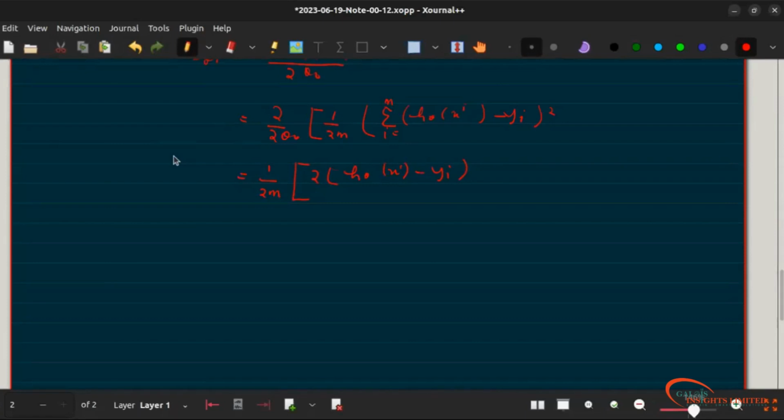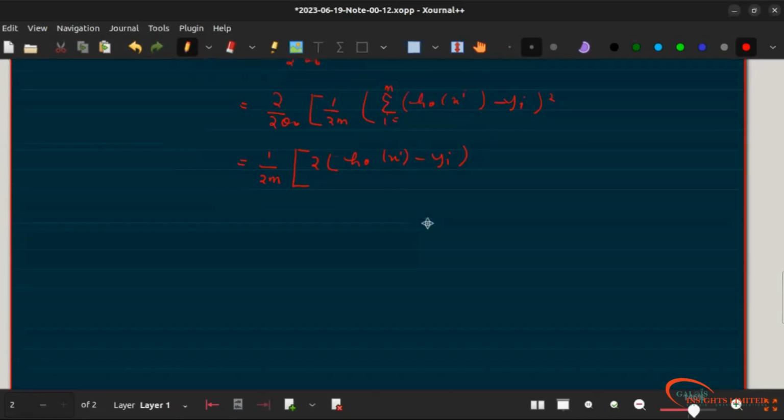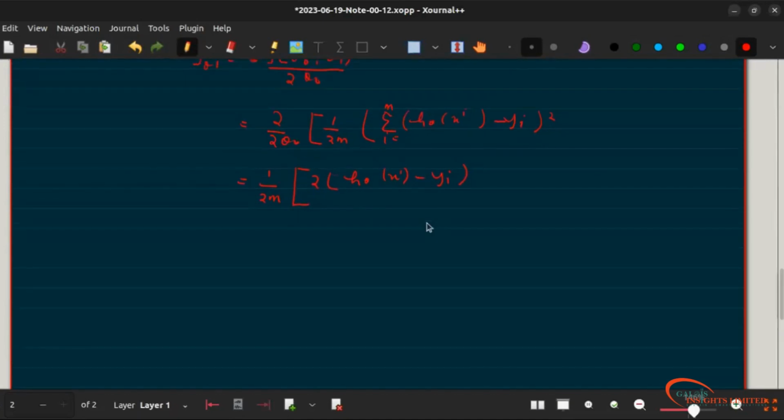Then you'll be left with, that is the derivative. So you have to differentiate the function again. So you take the function, and remember the hypothesis function that we have here.